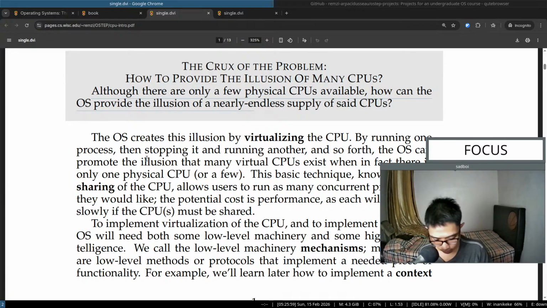How to provide the illusion of mini CPUs.